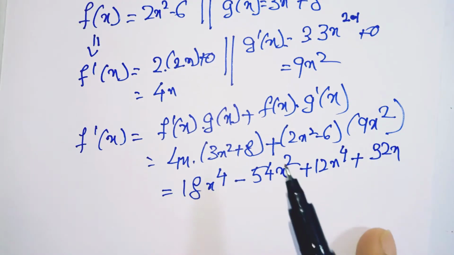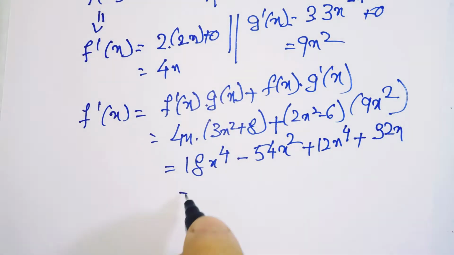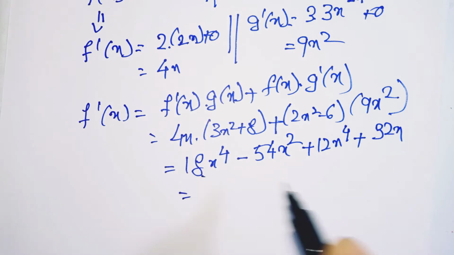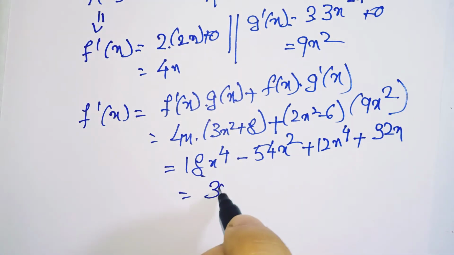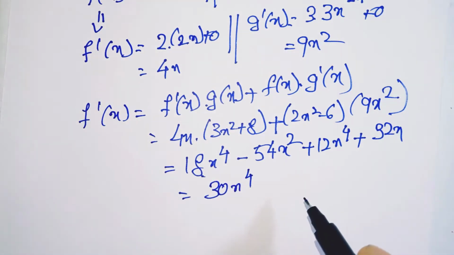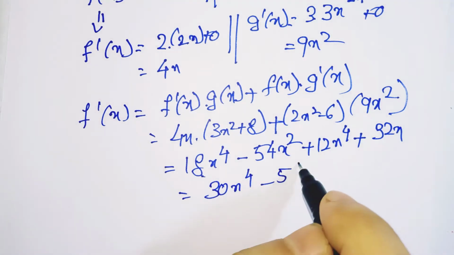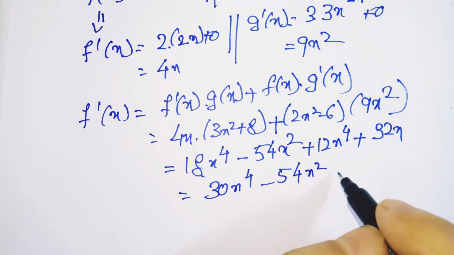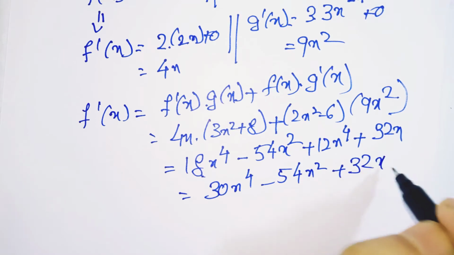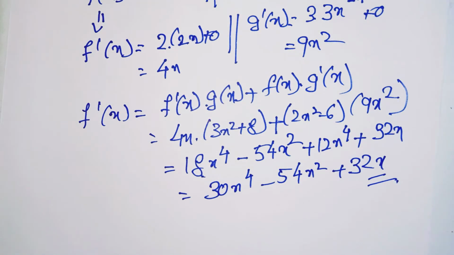So I'm just omitting the immediate part. So from here what we get is 30x raised to the power 4 minus 54x squared plus 32x, right? So that is how we solve it, the product rule.